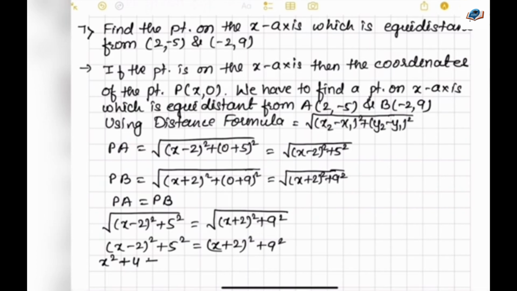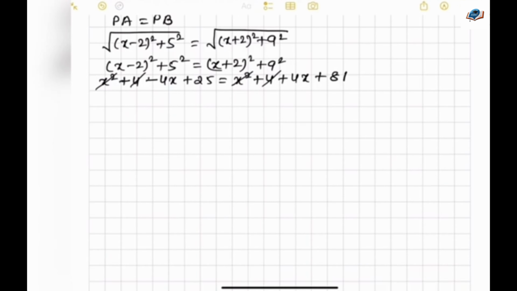So if I open the bracket, I will have x square plus 4 minus 4x plus 25 equal to x square plus 4 plus 4x plus 81. So x square cancel, 4 cancel on both the side.